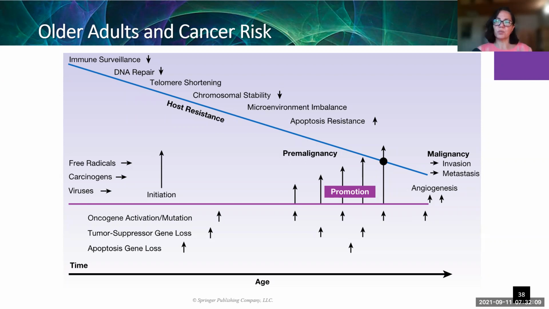Yes, these older patients are more likely to develop the cancers, but then we have to start considering things like overall, how healthy are they? How are they going to do with cancer treatment? And so although you would think that you would be monitoring all the time for cancers, we actually kind of back off on some of the screening for cancers in our most elderly patients.